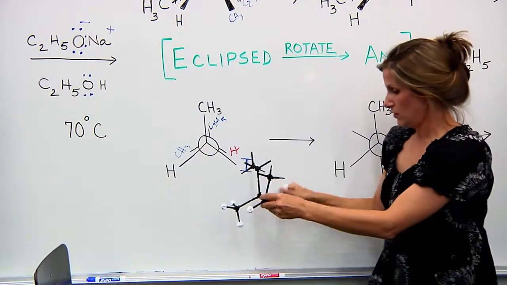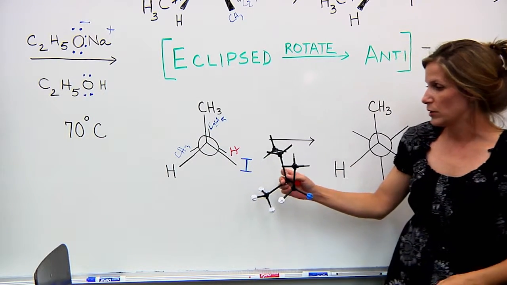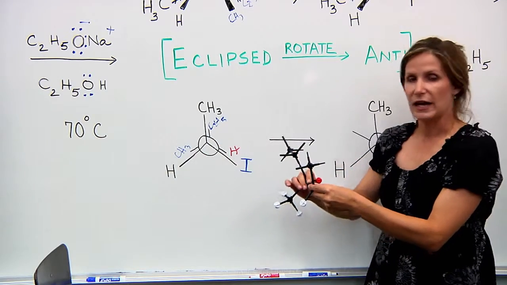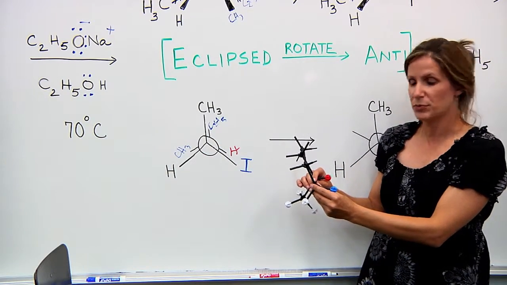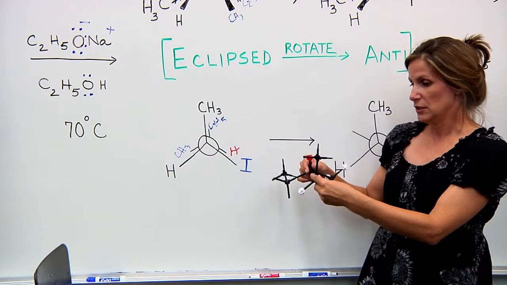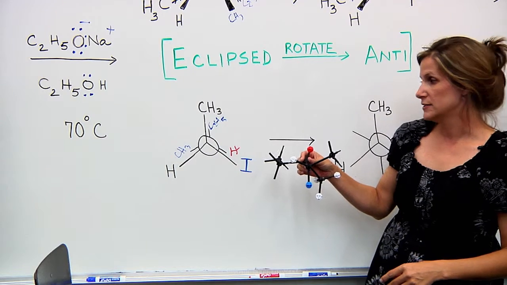Now, in order to get this in the anti position, all we need to do is rotate about the bond in between these two carbons 180 degrees. That'll put the hydrogen and the iodide in an anti-conformation in order for the reaction to take place.